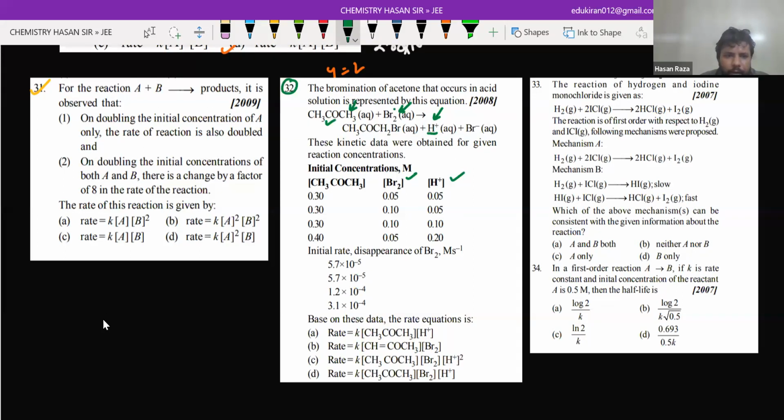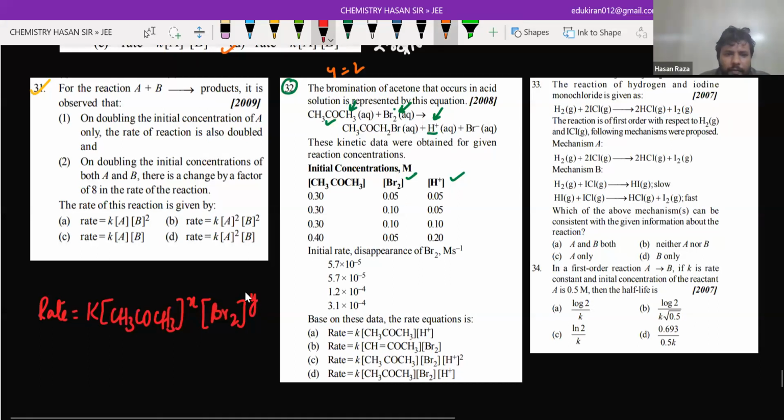You know that rate is equal to K into CH3COCH3 raised to the power X into Br2 raised to the power Y. Basically, this is the scenario in which we need to calculate the value of X and Y.